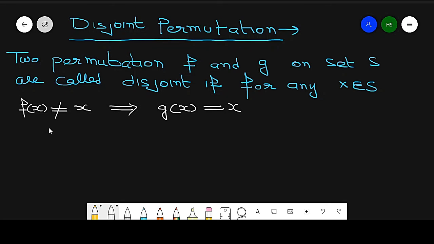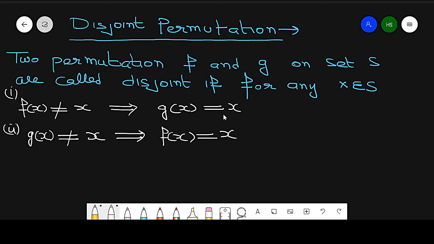Condition 2: if g of x is not equal to x, it implies f of x is equal to x. It means that g fixes the element where f does not fix x, so at least one of them fixes the element. Then they are called disjoint permutations.